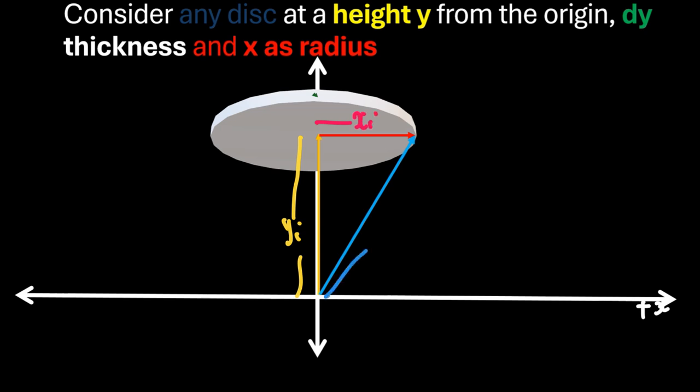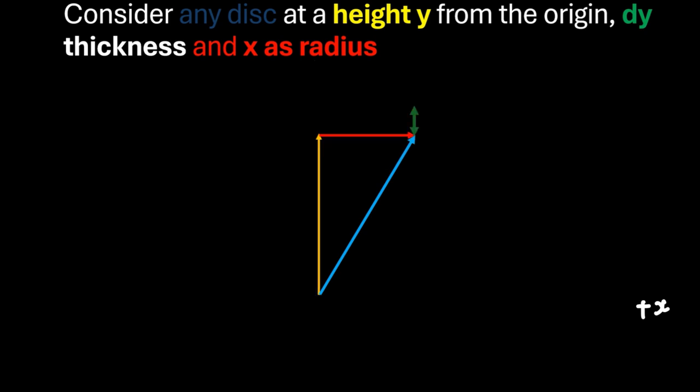What remains constant is r, and what we get is a right angle triangle. Okay, so if this visualization is clear to you, and if we consider only the triangle, then what are these values? These values here, as we said, are x, the corresponding y, constant r, and definitely the thickness dy, right?